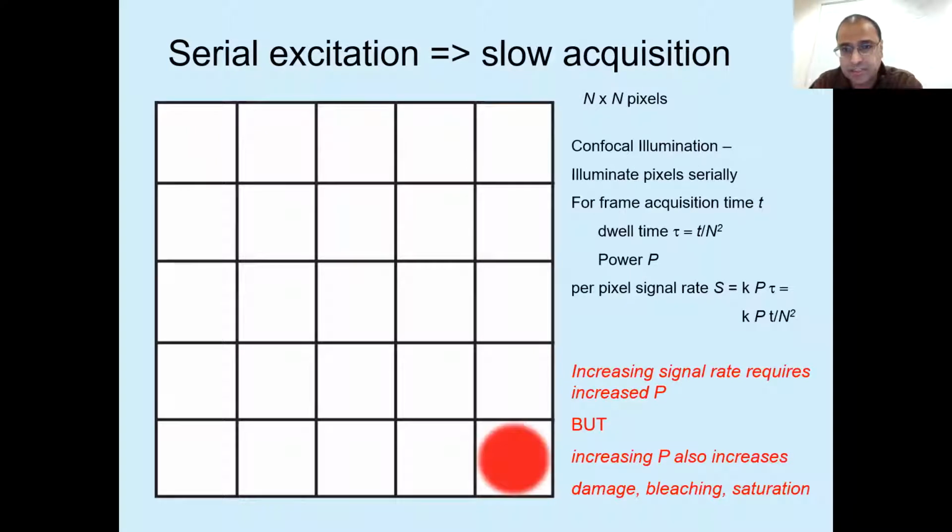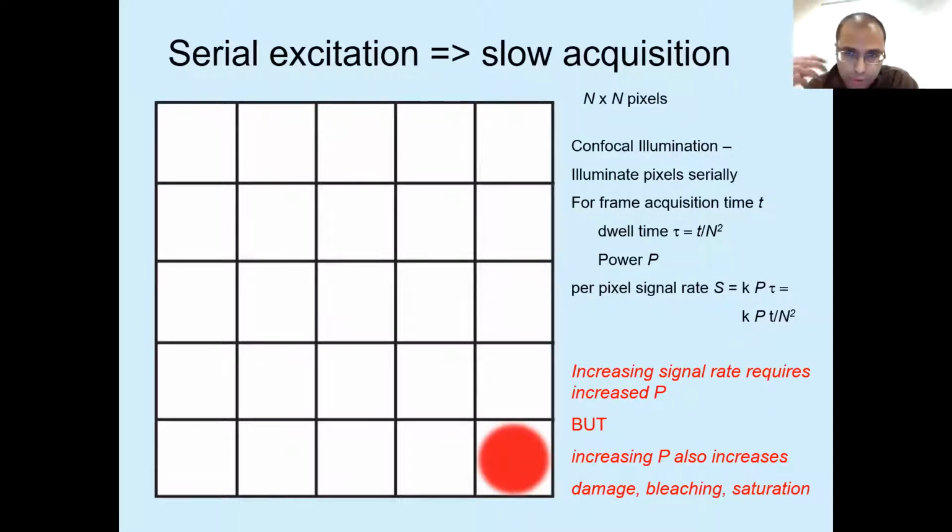And so what this means is that suppose you take the same amount of time to acquire your image, t. Now, because you're only illuminating 1 pixel at a time, the dwell time per pixel is the time t divided by the number of pixels, right? N squared for an image of n by n pixels.